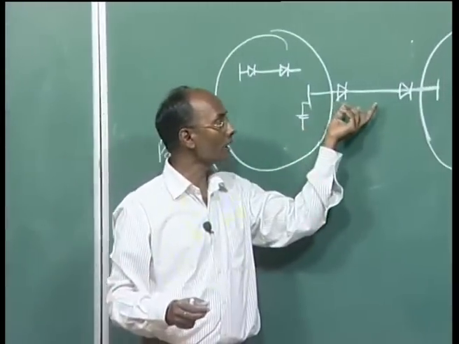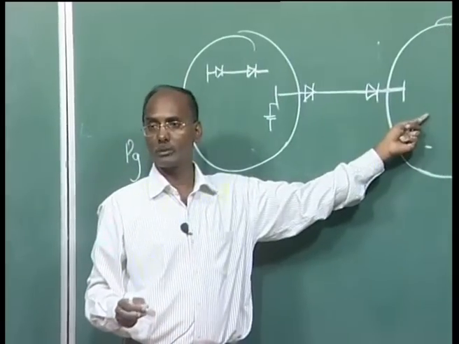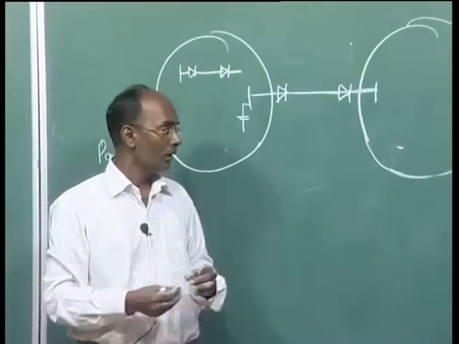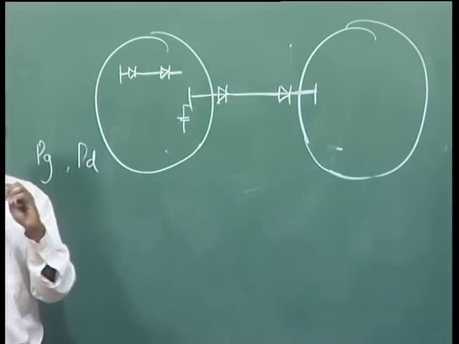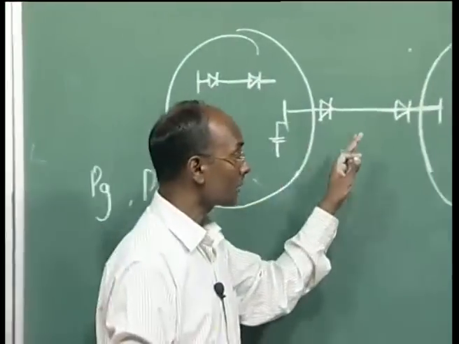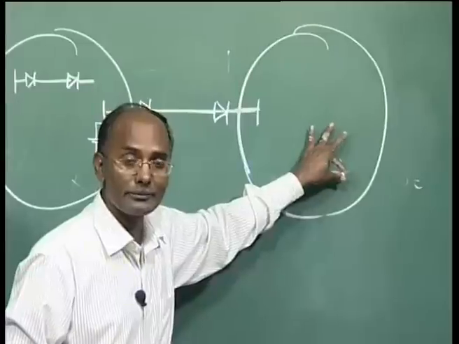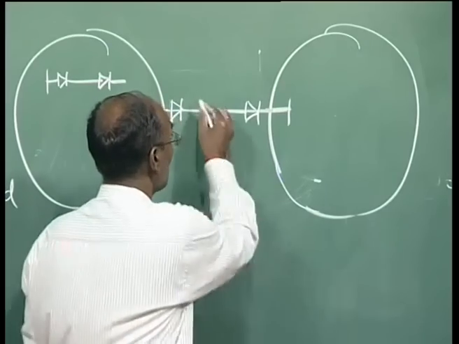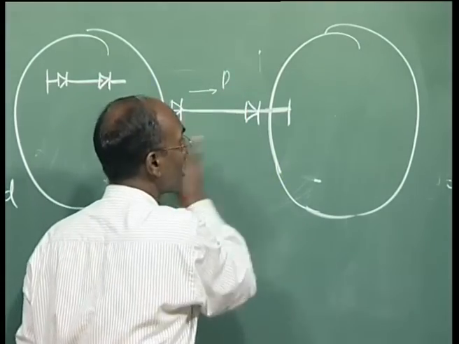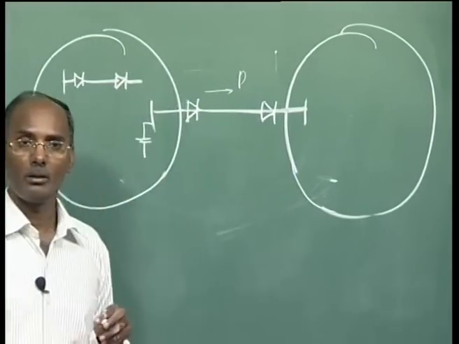So you can say we can control the tie line power from one area to another area. Even so, there is a possibility that this area has a deficit or a surplus of power, but if you set the power reference P here, it will still be injecting power there.